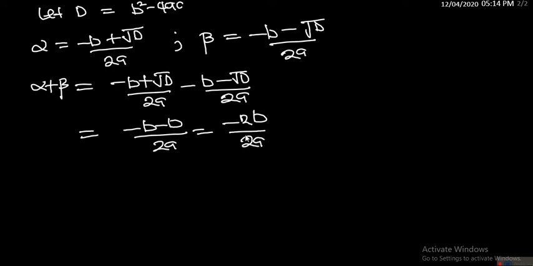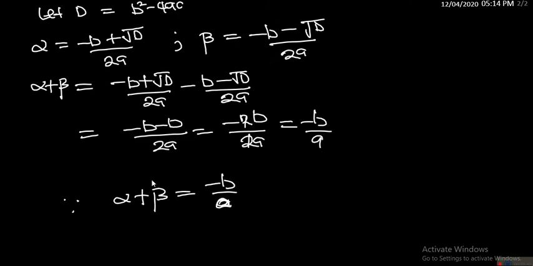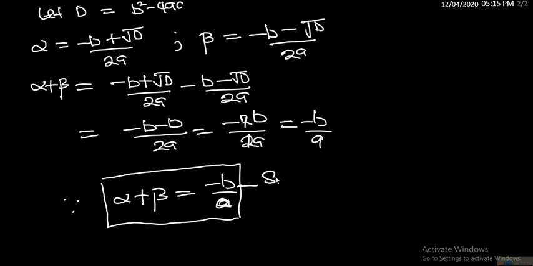Of course 2 goes into 2, we have 1, so this is minus b over a. Therefore alpha plus beta equals minus b over a, and this is called the sum of the roots.